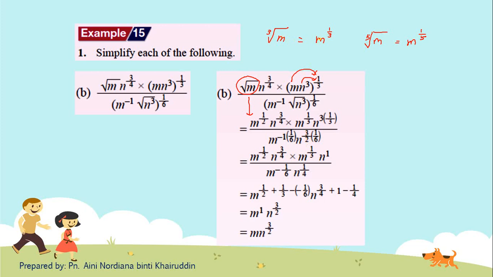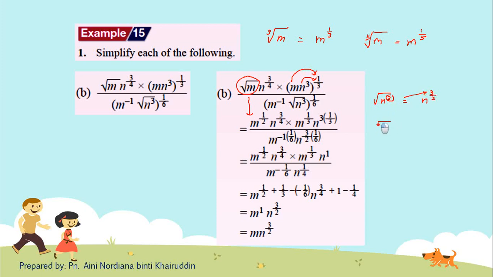Actually, this is the same thing as I showed you just now. If you have square root of n cubed, then it becomes n to the power of 3 over 2. So this is the numerator.